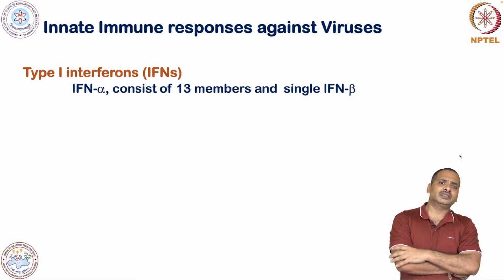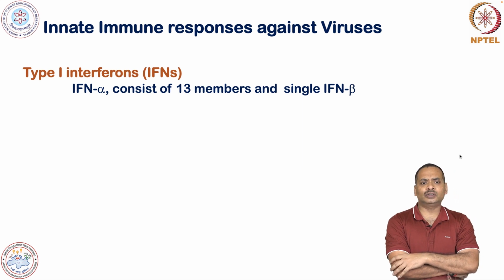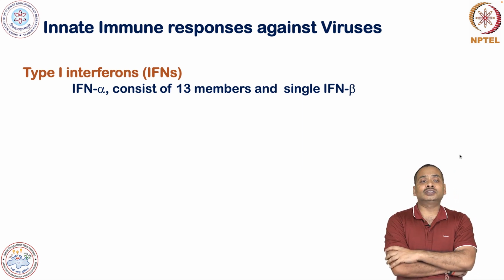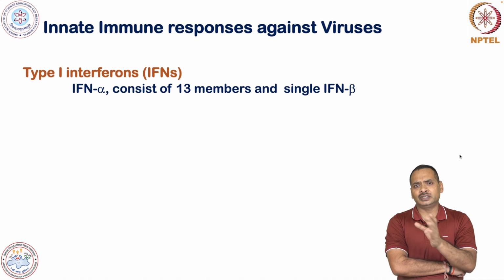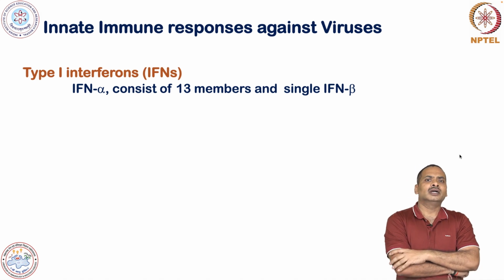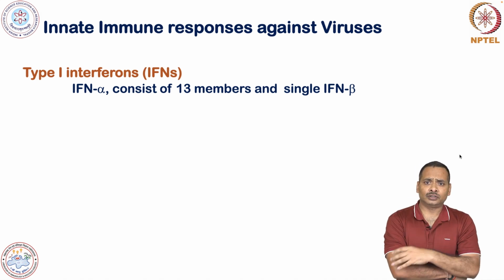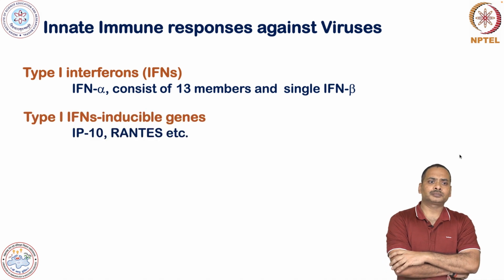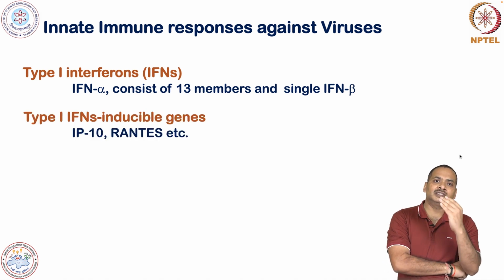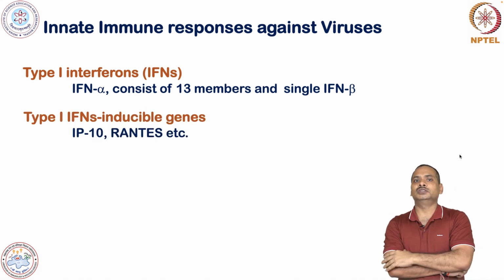Here, as I told you, there is type 1 interferon, which basically consists of interferon alpha, which has 13 members, and one interferon beta member. There is a type 1 interferon inducible gene.